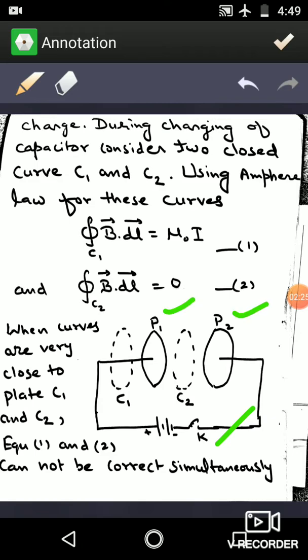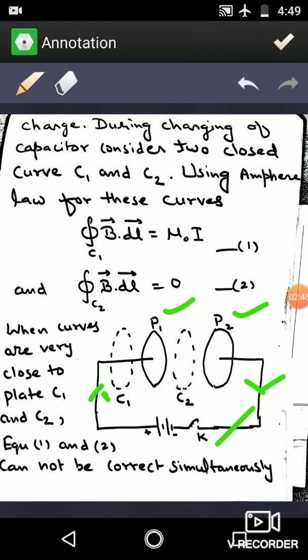And during charging of the capacitor, we know that there will be a flow of conduction current in the wires.